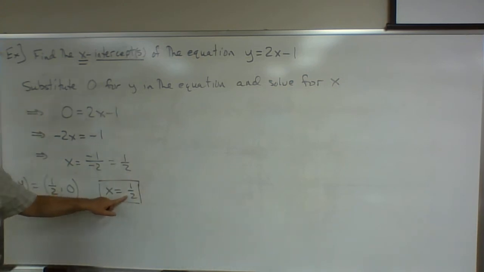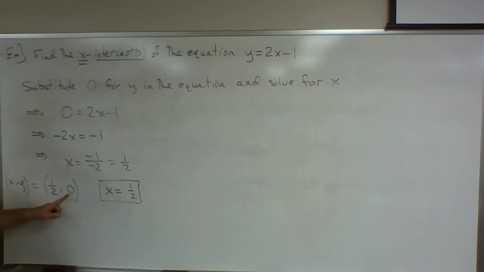One half is the point on the x-axis where the graph will cross the x-axis. We already know that at the x-intercept, y is 0. So this doesn't really tell us anything that we don't already know.